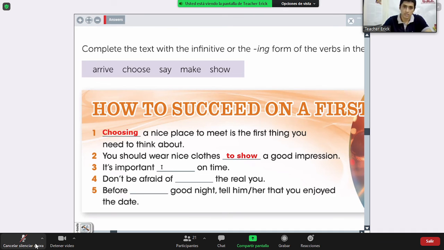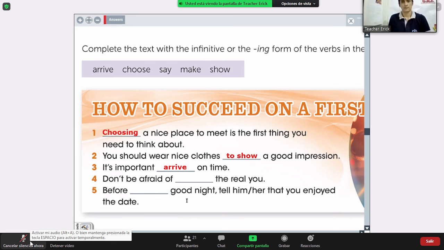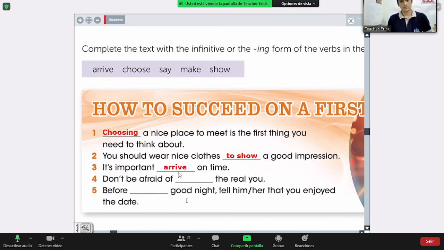Adjective, important. Arrive on time. To arrive. Okay, to arrive.